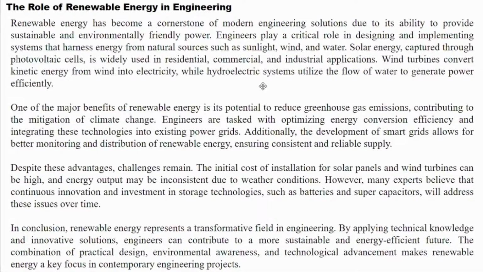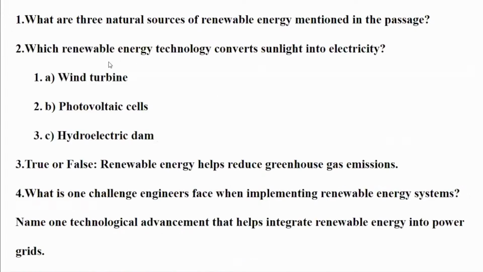You can see several questions that I have brought up. What are three natural sources of renewable energy mentioned in the passage? This is the type of question where you have to write only the three natural sources, like one, two, three. You are not going to write a lengthy answer for it. You are writing a short answer for this type of question.